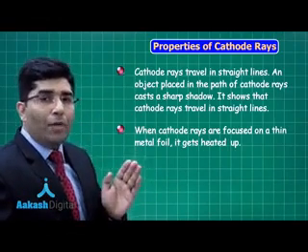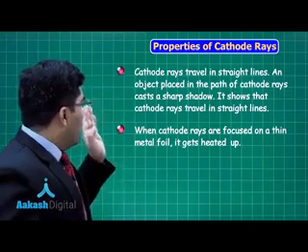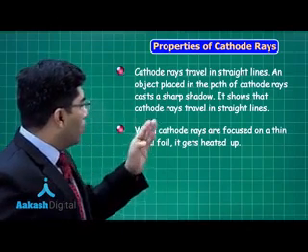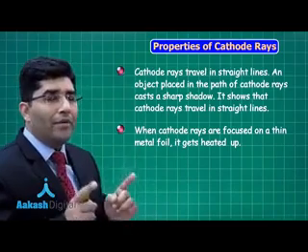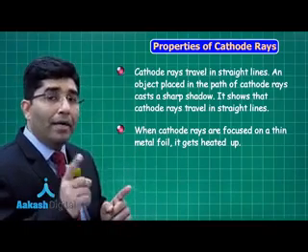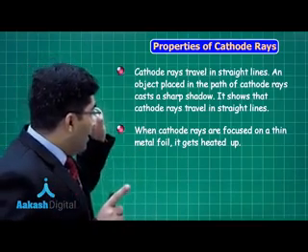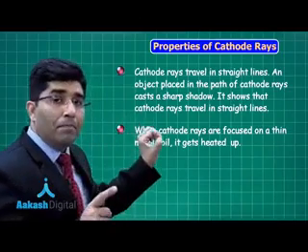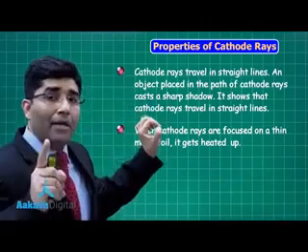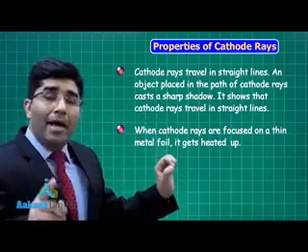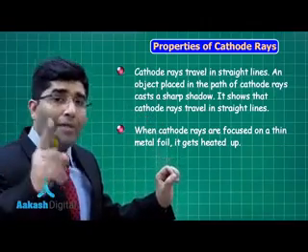The next property is that when cathode rays are focused on a thin metal foil, it gets heated up. Now this is a very important property. Since the metal is heating up, it means they have some energy, because we know that energy can neither be created nor destroyed.